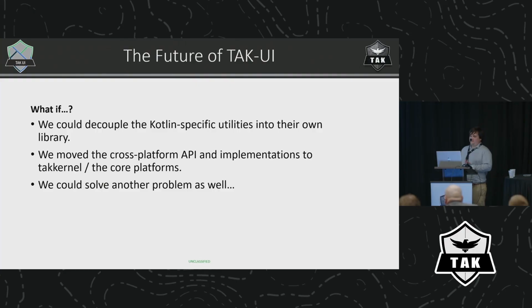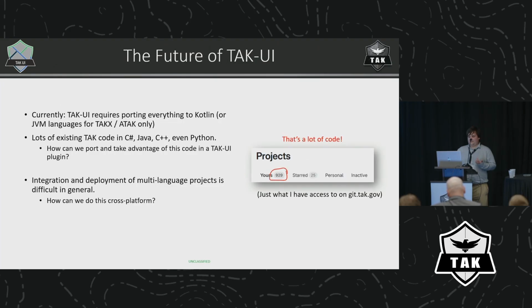And I think if we do that, we solve another problem as well, which I started hinting at, which is, there's a lot of existing TAK code out there. I've got 929 projects just that I have access to on tak.gov. I'm sure there's more, and multiply that by however many thousands or tens of thousands of lines of code, and that's a lot.